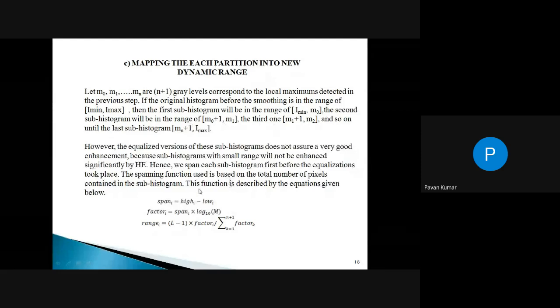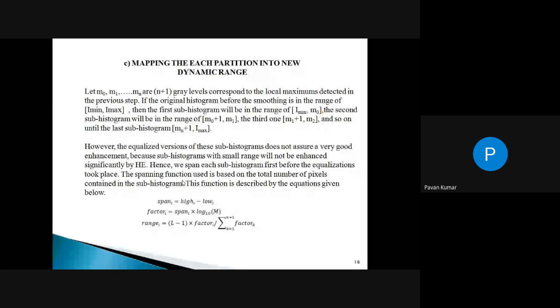After splitting them, the sub-histograms cannot assure very good enhancement. Why? Because sub-histograms with a smaller range will not be enhanced significantly by histogram equalization. For that purpose, we have to span them, remap them, and increase their dynamic range.